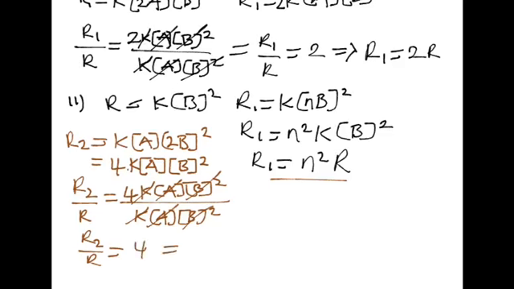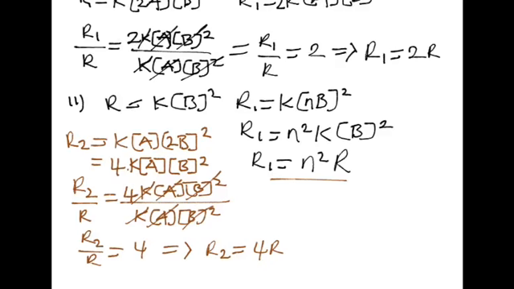So when we make R2 the subject, remember that's what we are finding, it's going to give us 4 times R. So when we double the concentration of B, which is a second order reactant, we are definitely going to multiply the rate of the reaction by 4.